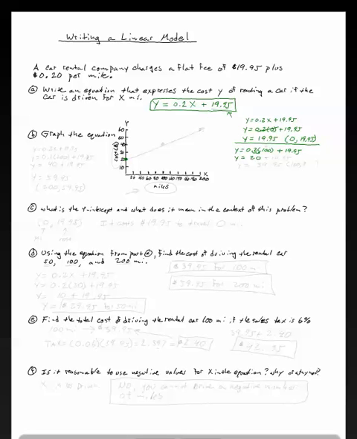So that's 20 plus 19.95. So y equals 39.95. So when x is 100, y is 39.95. And for our purposes, we're going to treat that as 40. So x is 100, y is 40. So 10, 20, 30, 40. And put our point.